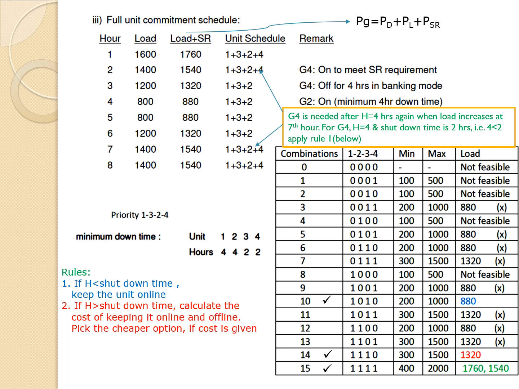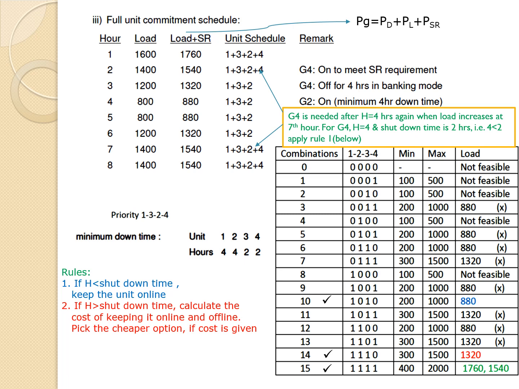Let's have a look at the combination table. The combinations we have created are 2 to the power n, that is 16 combinations, starting from 0 to 15. The combinations are written in binary form as 0, 1 format, and because the number of units is 4, in column 2 we have written 1, 2, 3, 4, which denotes the unit numbers.